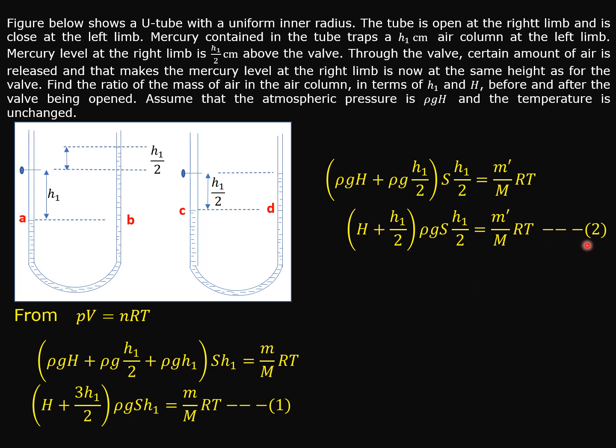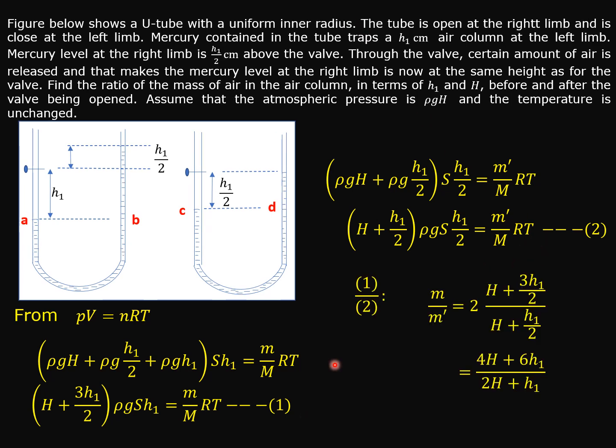Therefore, we have equation number 2, which is H plus half of H1 times rho g S times H1 over 2 equals m prime over M RT. The symbol T in equation 1 and equation 2 are the same because we assume the temperature is unchanged when we open and close the valve.